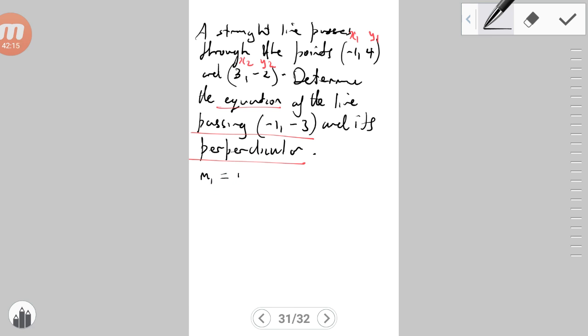So m1 here is going to be y2 minus y1 over x2 minus x1. We already labeled our points, which we know is the norm. Sorry, y2 works out to be -2. Pardon me. And y1 here works out to be 4. Over x2 here works out to be 3, take away x1 here works out to be -1.